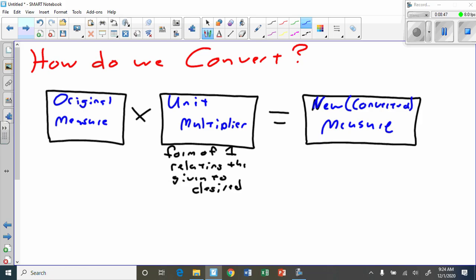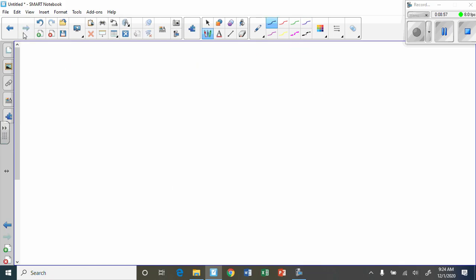So far, so good? All right, now, every unit multiplier has 2 forms that it can be. For example, if I have 3 yards is equal to 1 foot, then we have 2 unit multipliers we could make.